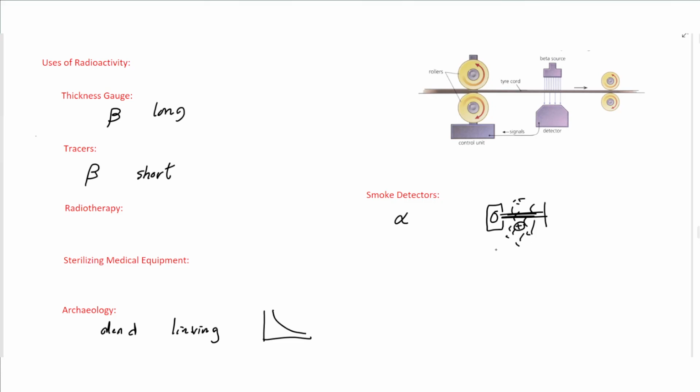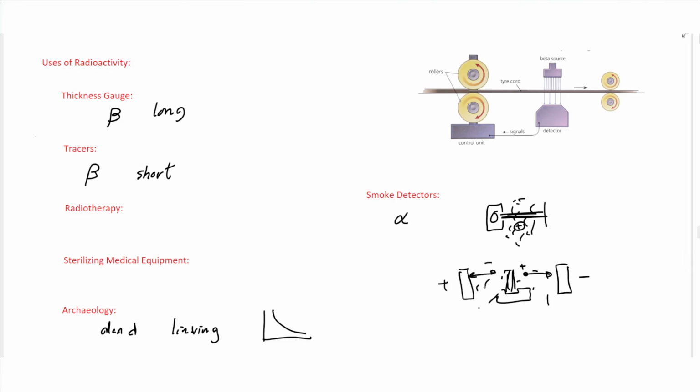Another way is releasing alpha particles in a certain direction, and the smoke then is detected. When the alpha particles ionize the smoke, there is a plate here and a plate there, positive and negative charges. When there is a positive ion, it is moved towards the negative plate, and when there is a negative ion, it moves towards the positive plate.